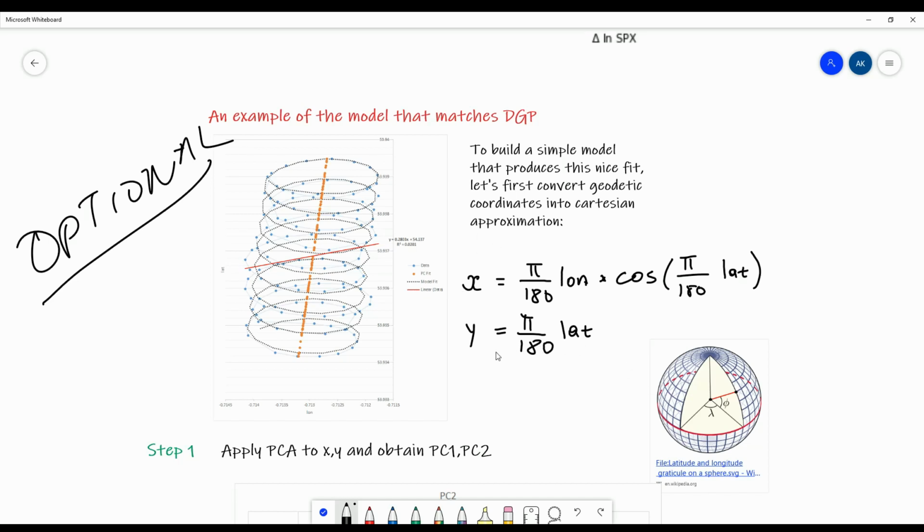Well, latitude is somewhat easy, right? You get this latitude, first convert it into radians, and then multiply it by the radius of the Earth. With longitude, you have to do an extra step, because longitude is measured along the parallel, and the circle of a parallel on the equator is much longer than when you start moving closer to the pole, where it becomes zero length.